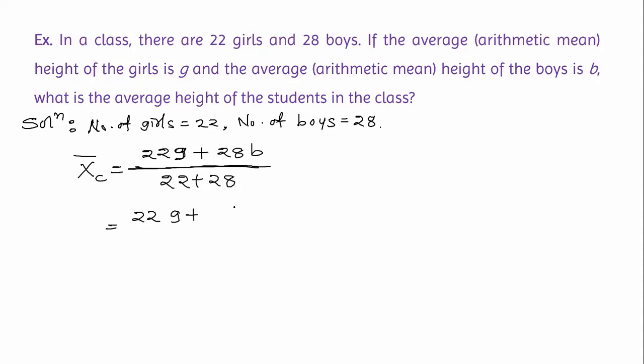Do not confuse the G; I am writing it in a different way. This is purely G plus 28B divided by 50. So this is the answer. This was a small problem. So let us go further.